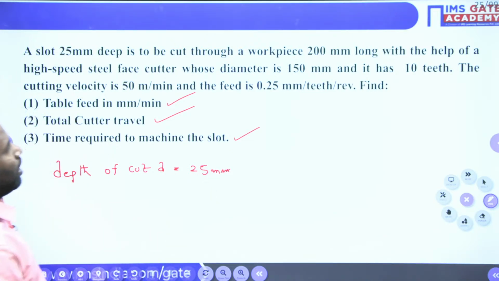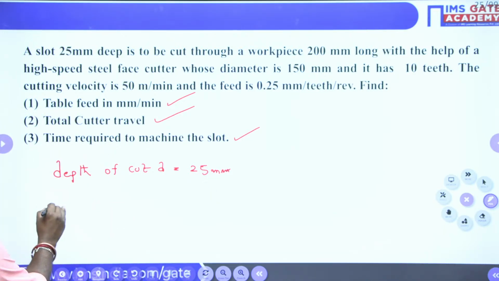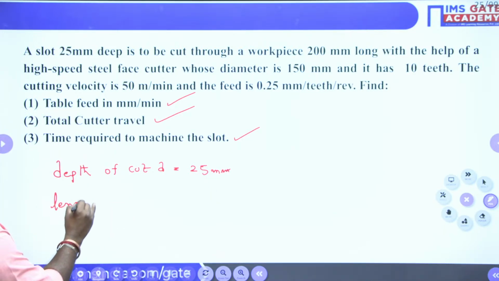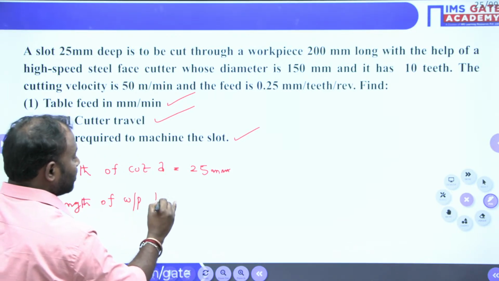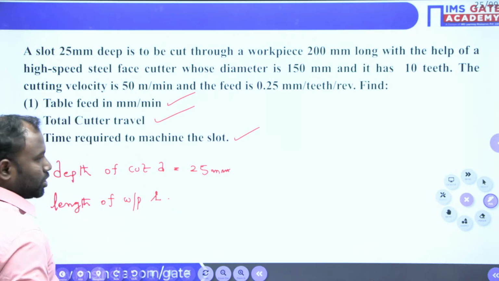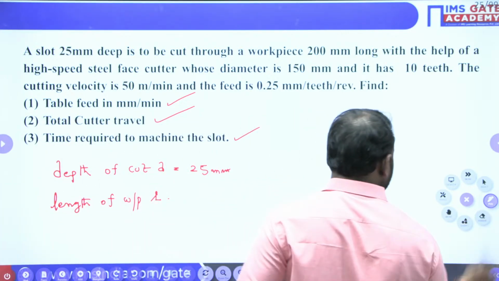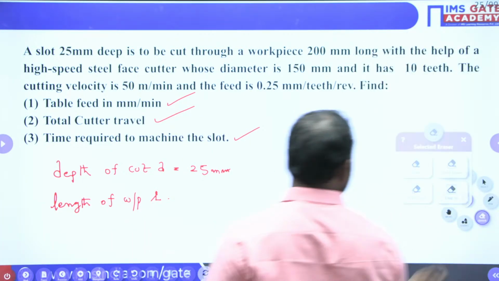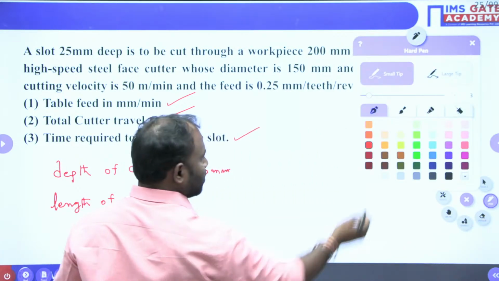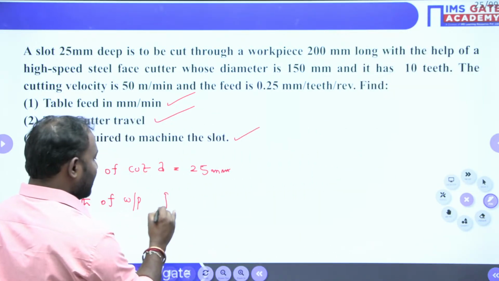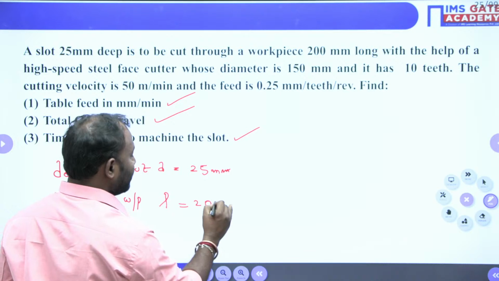Now, the length of workpiece, small l, is equal to 200 mm.